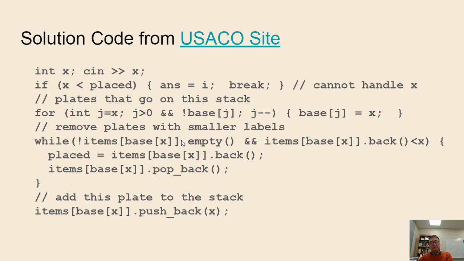If the question asks you to produce the whole sequence, then you do need to go through those stacks. But the question doesn't ask you that, so the code here doesn't explicitly take those out.